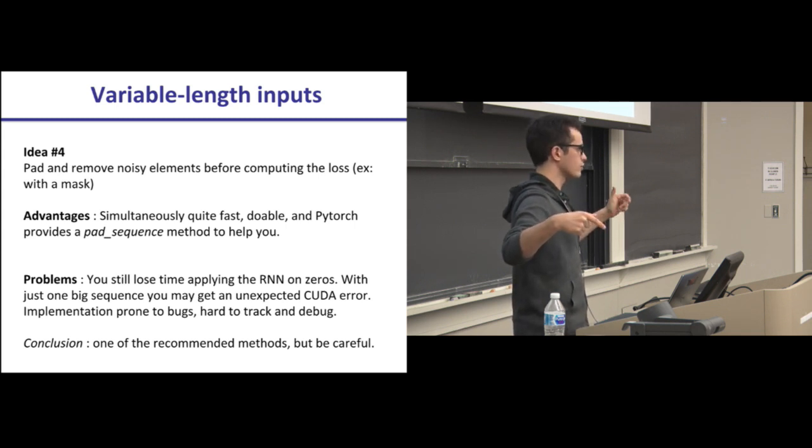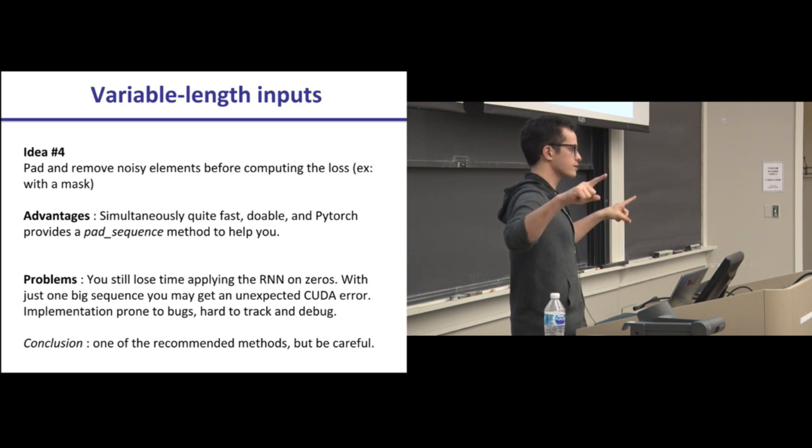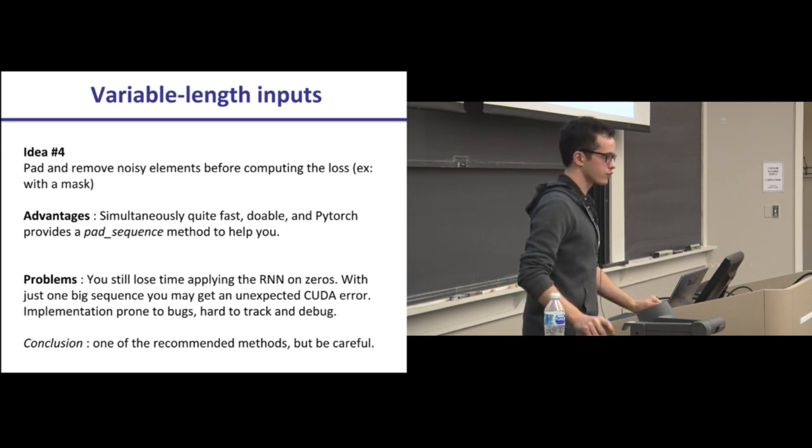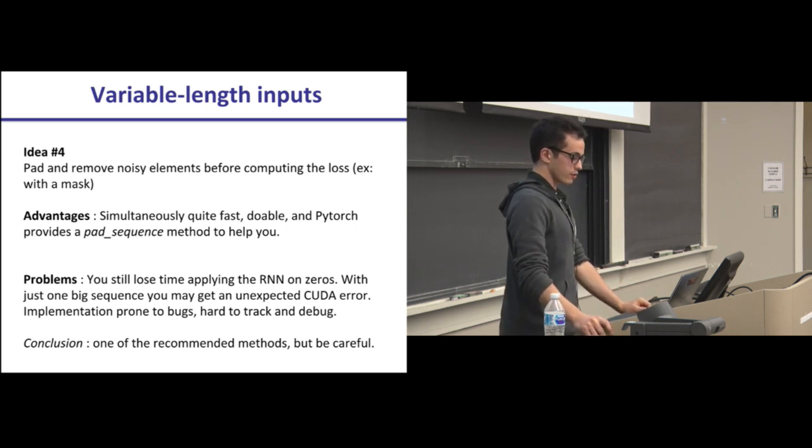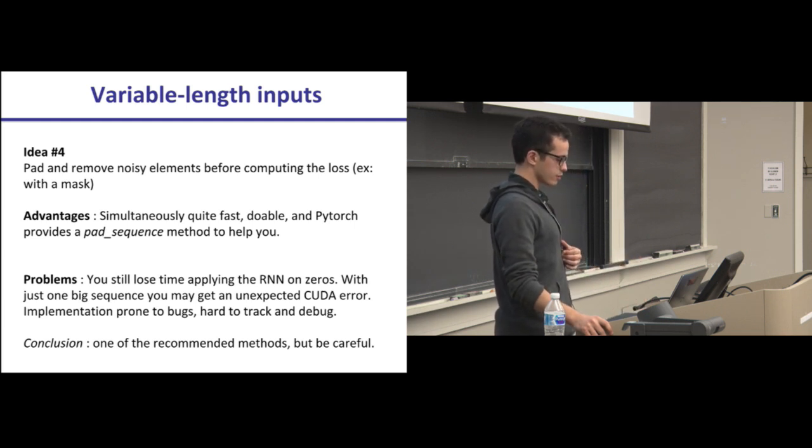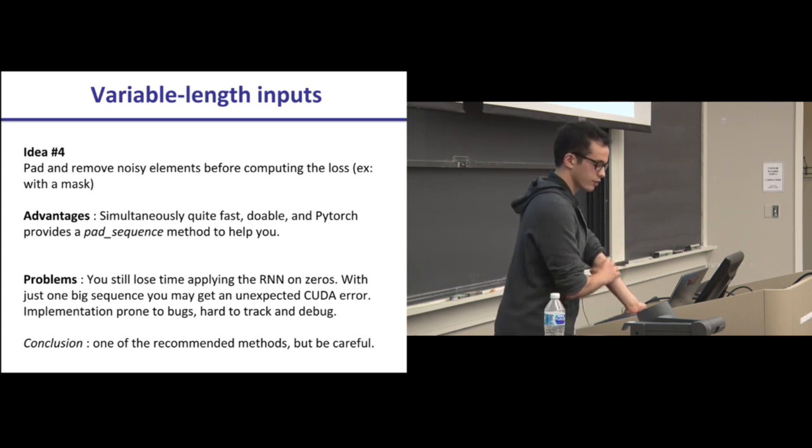That's the first problem, and also even if you don't, you're wasting a lot of computational power feeding zeros to your network. So that's also a problem. That being said, it's still a pretty good idea, but you have to be careful when you use it. If you know that you have long sequences, you might have to reduce your batch size. But that is one idea.